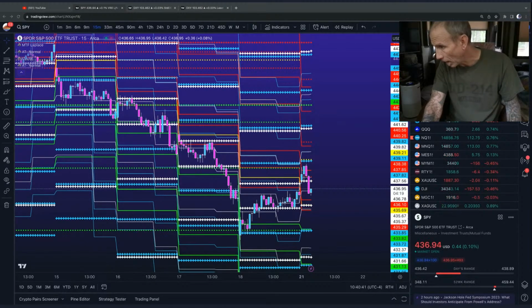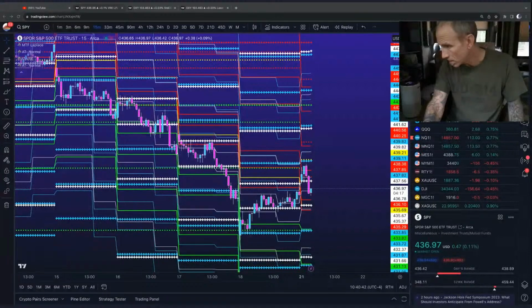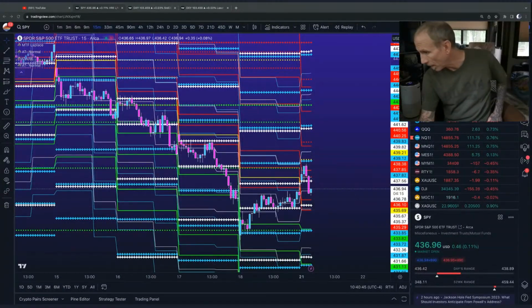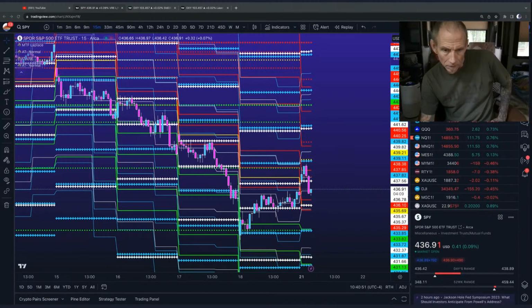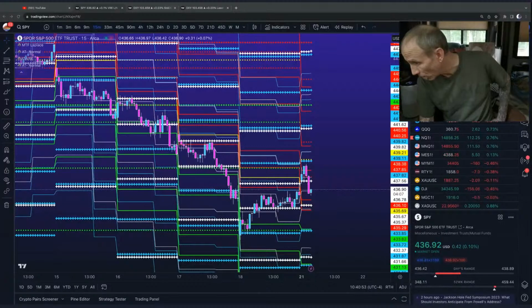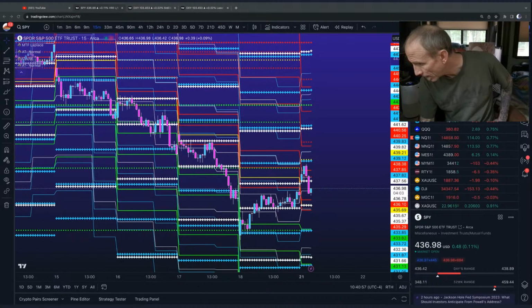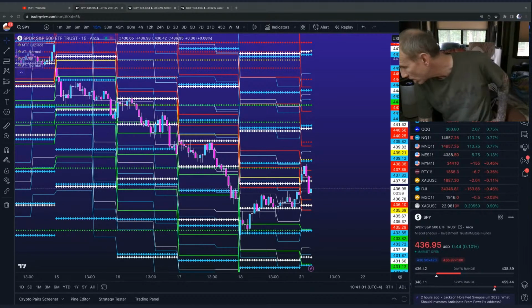Maybe a butterfly. Let's see a little intraday butterfly here. You know what though? Probably. Yeah, no, I would stick to a call side. Let's see here. Broken wing, pull that down there. Pull this up to the 441s.